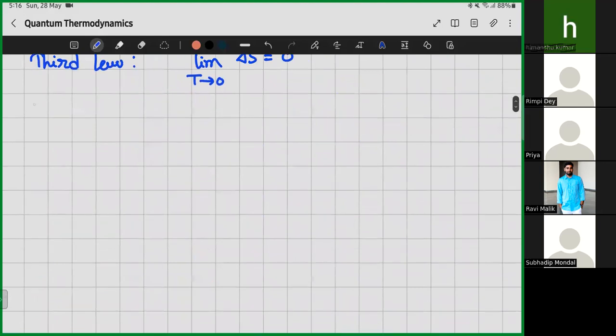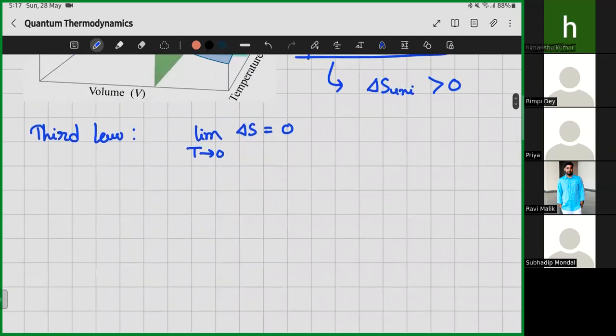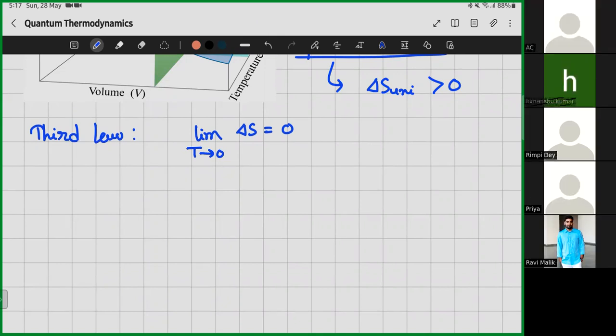But now, if we look at the classical thermodynamic processes, Shuvodip, yes. So third law: limit T tends to zero, ΔS is equal to zero, absolute entropy equal to zero. No, ΔS should be zero. Not absolute entropy.